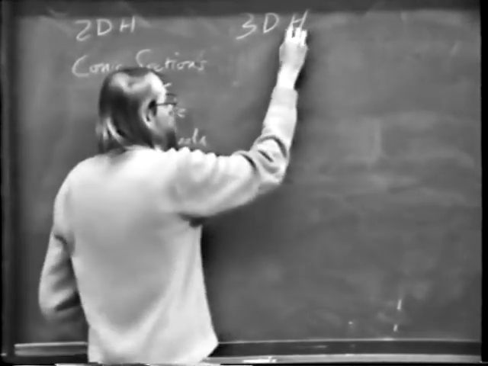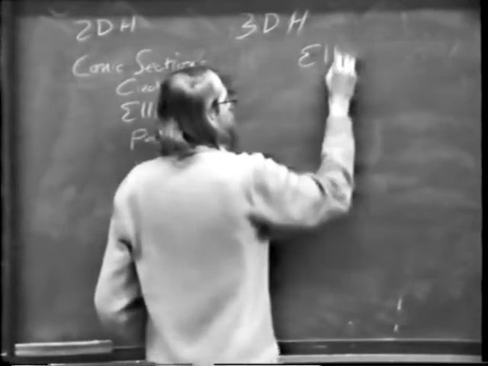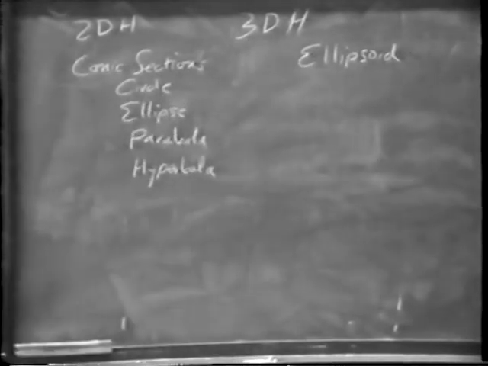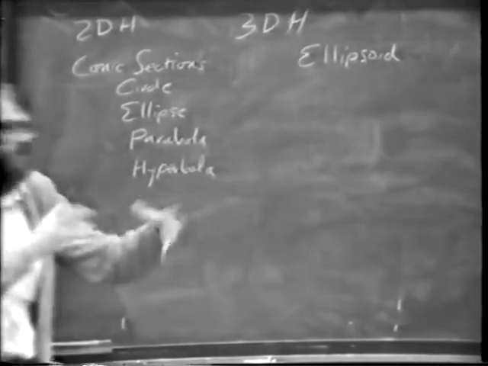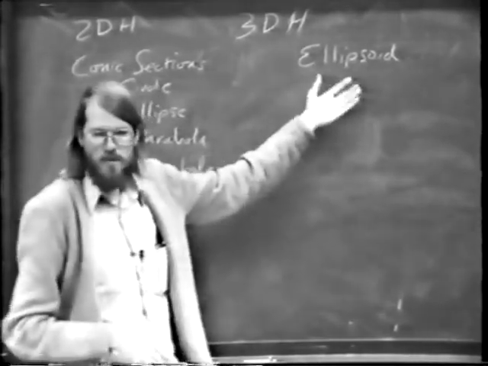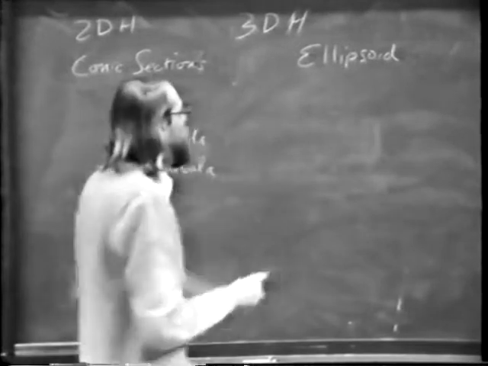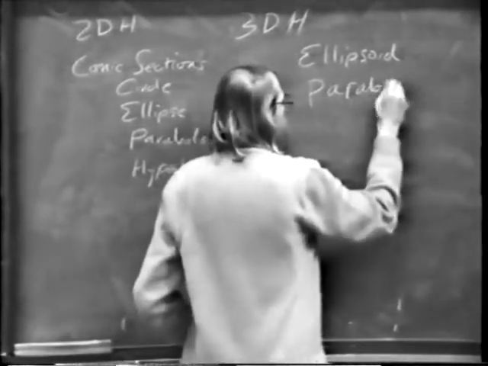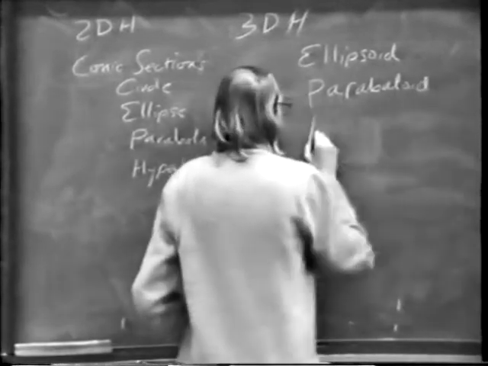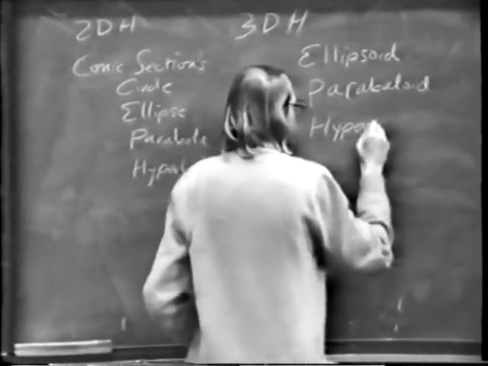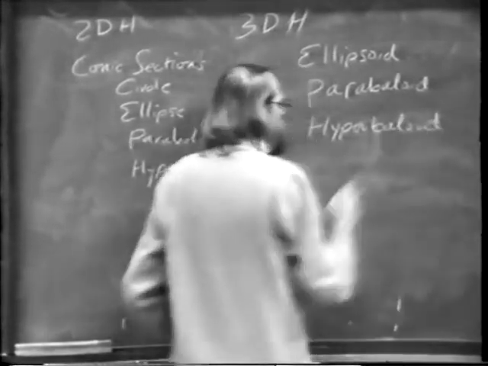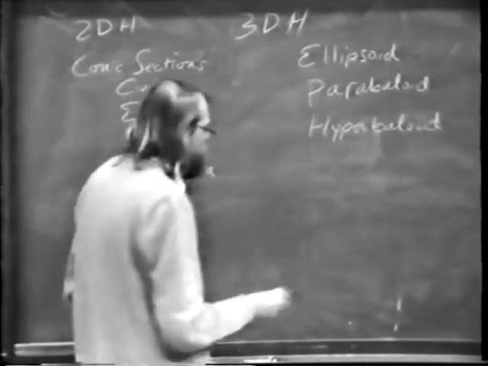The 3D homogeneous case are going to be kind of the 3D analogs of these things. There's ellipsoids. I can take a sphere as being a special case of an ellipsoid. It's one where the axes are all the same. Paraboloids, hyperboloids, and there's two flavors of hyperboloids.